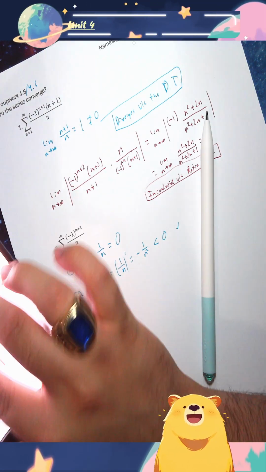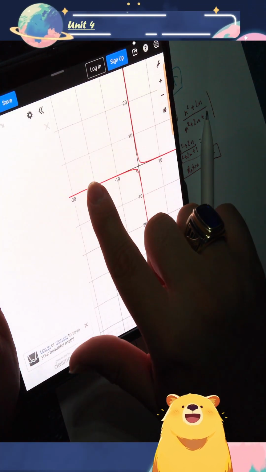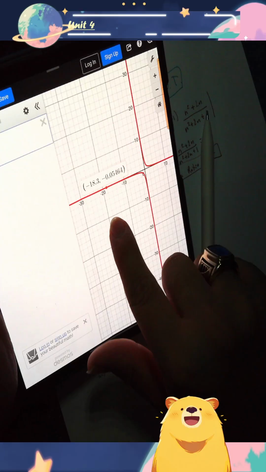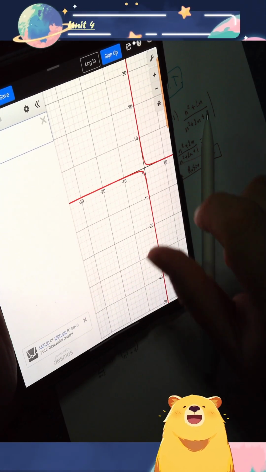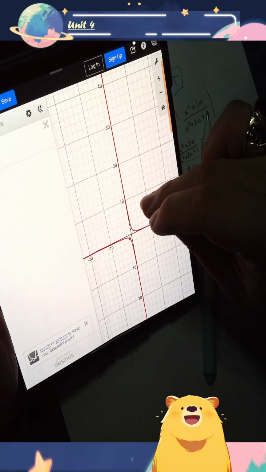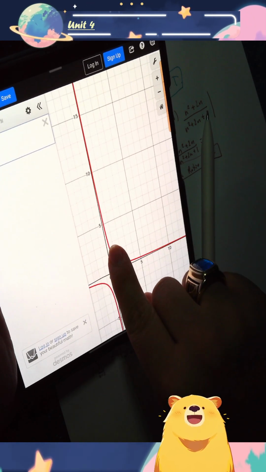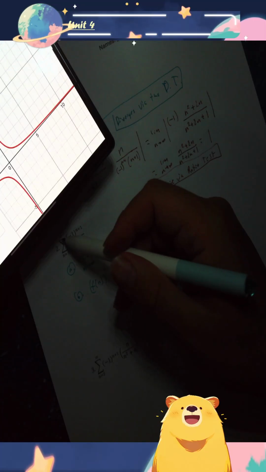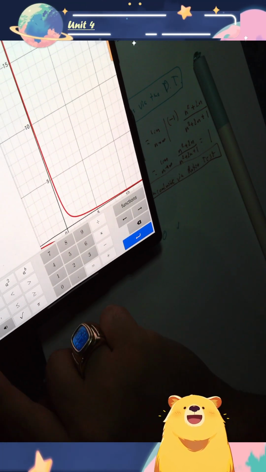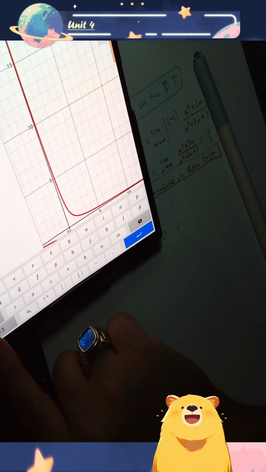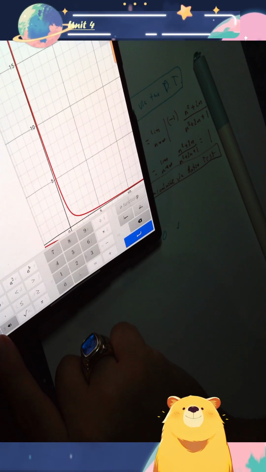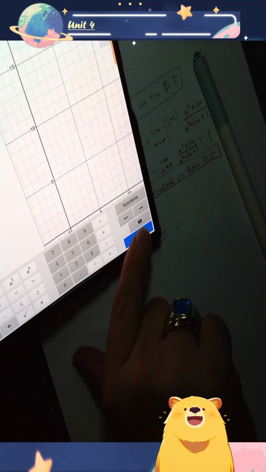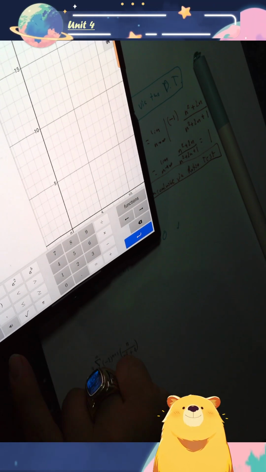See from here, any point going from left to right, the value decreases. The only time it doesn't is the discontinuity, which is at 0. But either way, we only care when n is 1 or greater. So we could even write x greater than or equal to 1.